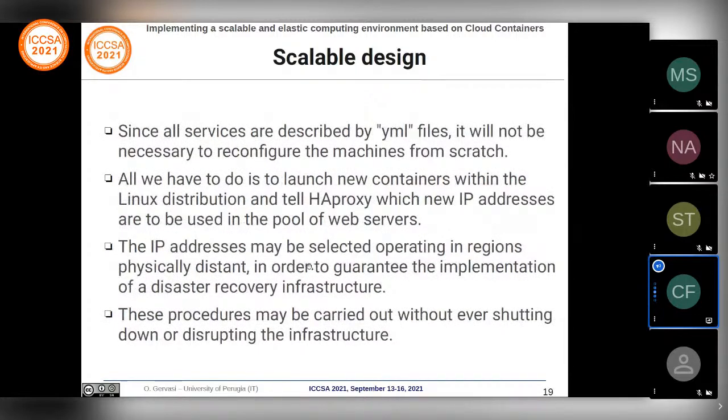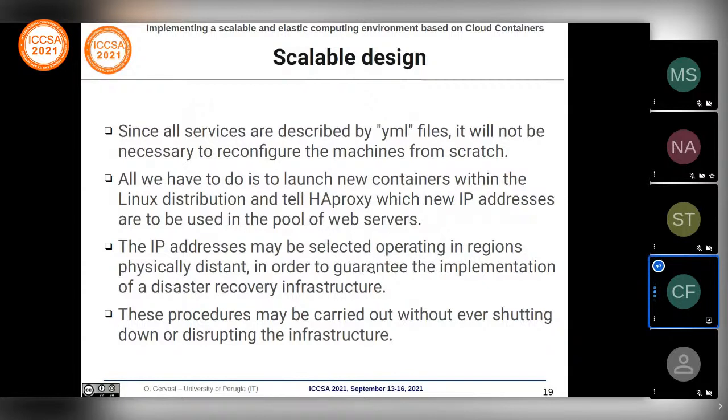The maintenance is quite straightforward, because there is a particular language called YML. There are files that the sysadmin has to write to design the system, but then everything is automatic, and the infrastructure is easily maintained by using those files.